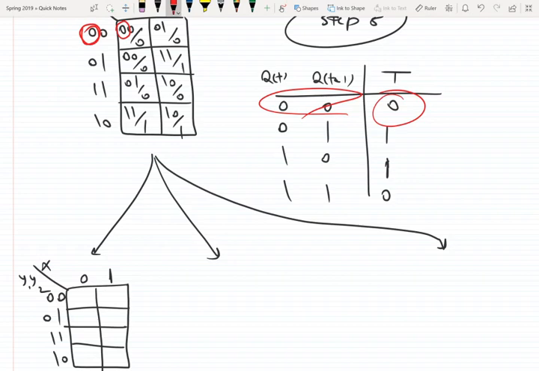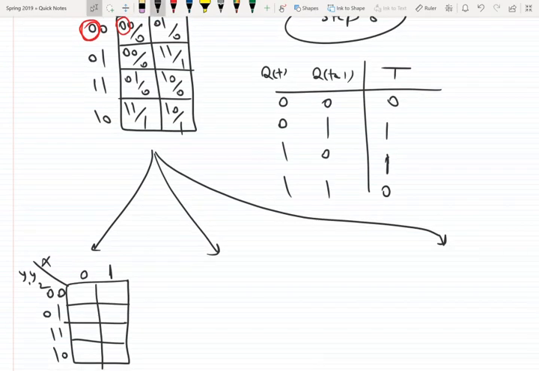Exactly, we use the excitation table to complete it. The next one, 0 changed again to 0, again it's 0. The second row, first column, 0 to 0, again is 0. The second row, second column, 0 has been changed to 1, so it's 1.